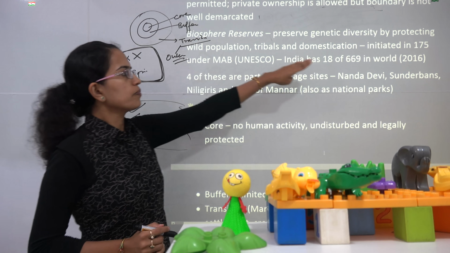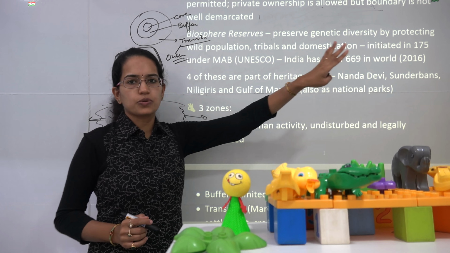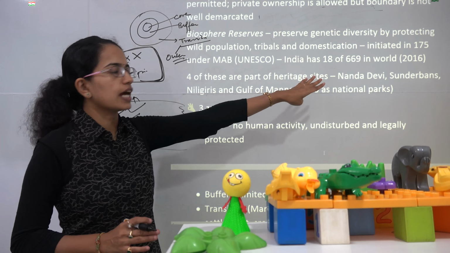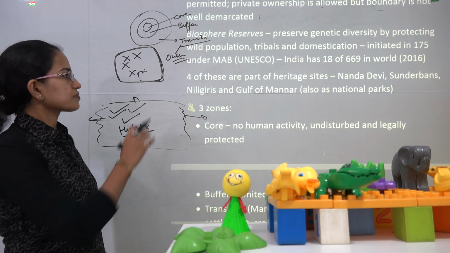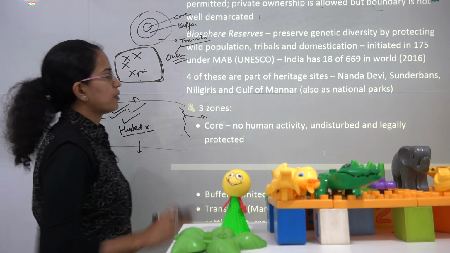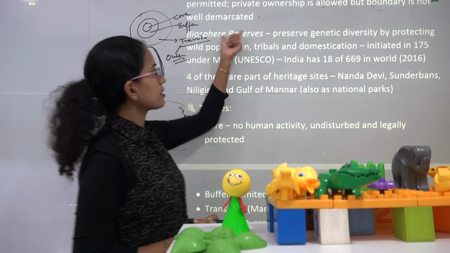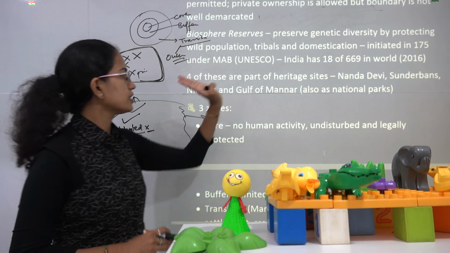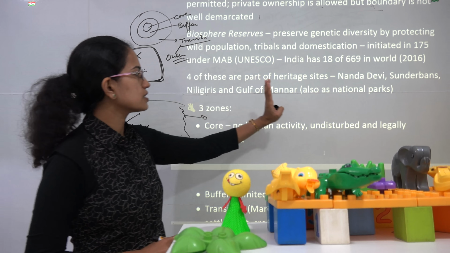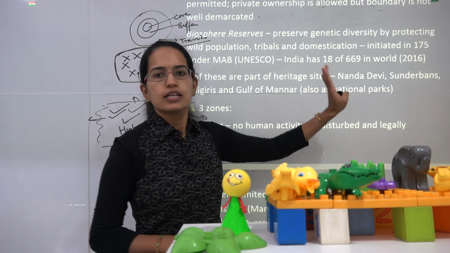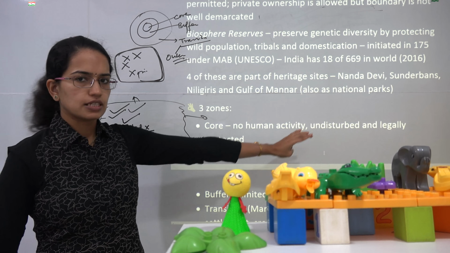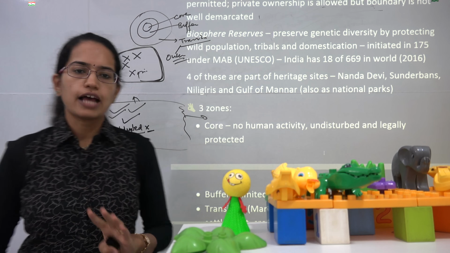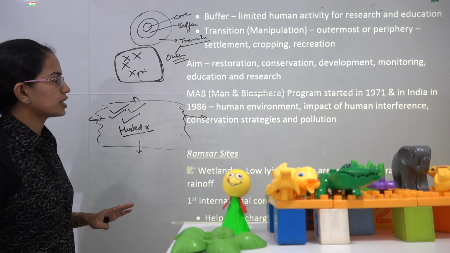Under UNESCO, India has 18 biosphere reserves out of a total of around 669 in 2016. 4 important biosphere reserves in India are Nanda Devi, Sundarbans in Bengal, Nilgiris in the Western Ghats, and Gulf of Mannar. Gulf of Mannar is also part of a national park, so many regions have been classified as both national parks and biosphere reserves. Just take note of that.